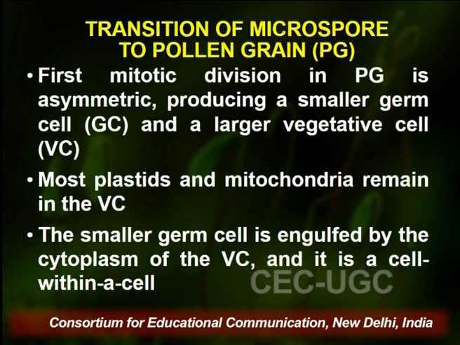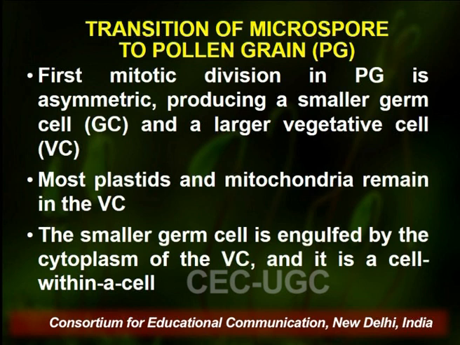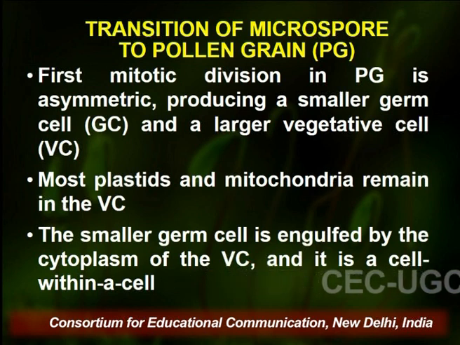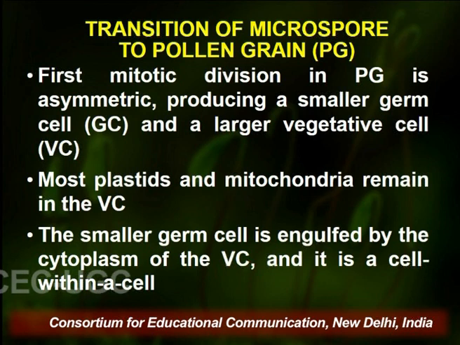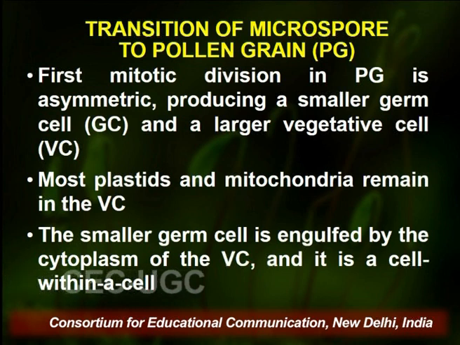Most of the cell organelles, that is the plastids and the mitochondria, remain in the vegetative cell because the vegetative cell is the larger component of the pollen grain. The smaller germ cell is in fact engulfed by the cytoplasm of the vegetative cell. So the generative cell can be referred to as a cell within a cell because it is a small cell present within a larger vegetative cell.